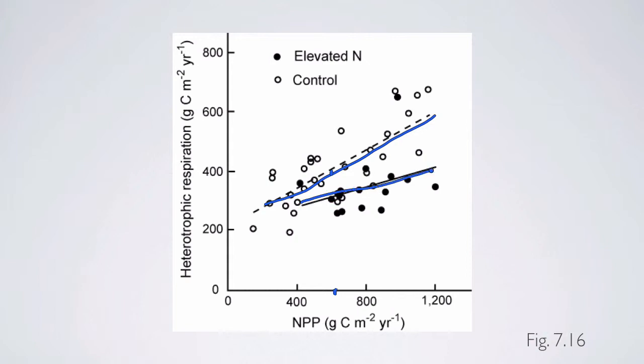The nitrogen forests, or the forests where nitrogen was added, show a shift, not necessarily in how much productivity they have, but definitely for a given amount of productivity you're going to have lower heterotrophic respiration. So you go to a forest, you add nitrogen to that forest, you'll see NPP change, but when you look at a given amount of NPP, there's going to be a decline in heterotrophic respiration.